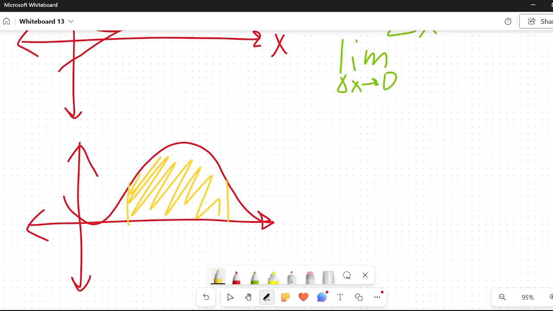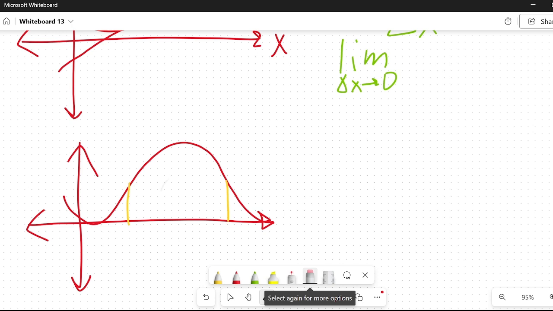Let me erase this real quick, but we will split this up into rectangles. We'll start with the big ones, like so. This is a decent job at approximating the area, but in fact, we can get more accurate.